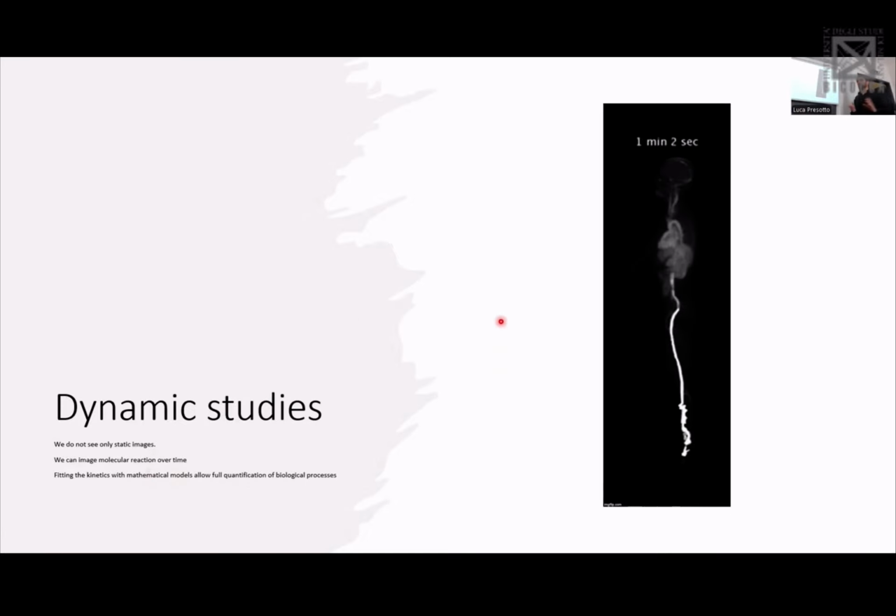Nowadays, for research purposes and even for clinical application, there are some meter-long or 2-meter-long scanners, and this is what happens when you inject FDG in the foot of someone, and you see blood going up, going in the lungs, then in the heart, the kidneys, in the brain, and then it accumulates over hours.